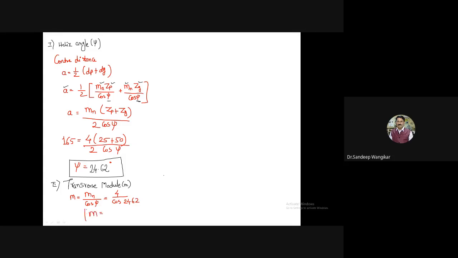So I will get m in millimeters. I will get the value of module 4.40, 4.39, 4.4. Okay, I will go with 4.4.